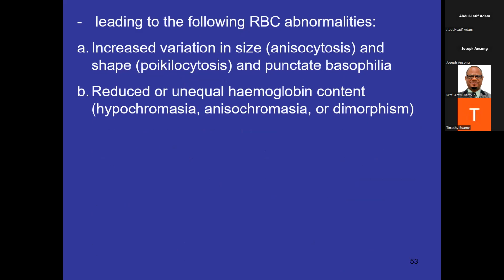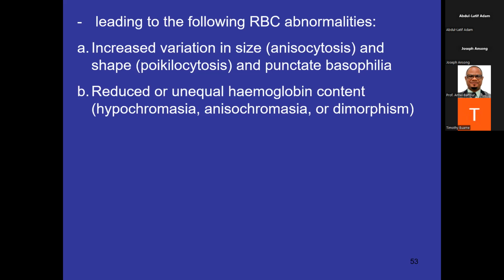So does this lead to abnormalities in red cells? So there is an increase in variation in the size, or the variation in the shape of the red cell. Some are forming elliptical, some are spherical, some are oval. So it's very difficult.